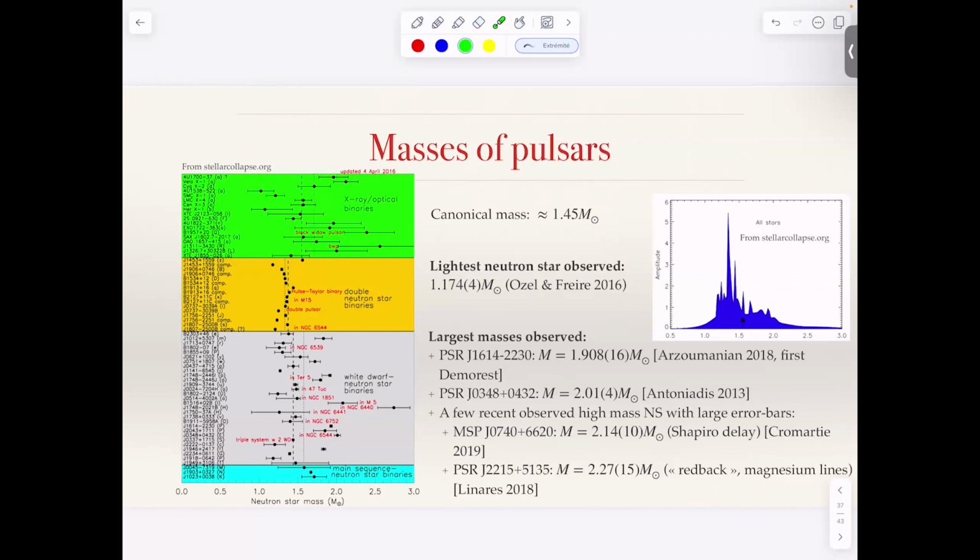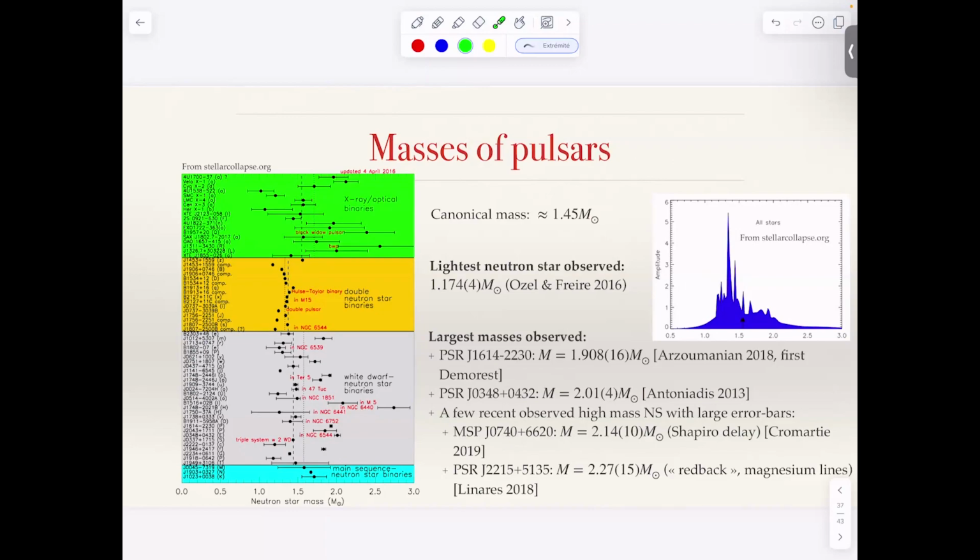We know something like 3,000 neutron stars in the galaxy, but it is very difficult to determine the mass of a neutron star, especially if it is alone, in a single configuration. But if it is in a binary configuration, then it is easier. And in fact, it is mostly in binary configurations that the masses of pulsars are observed.